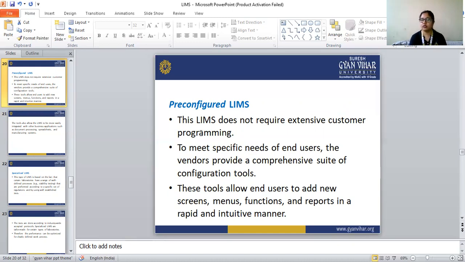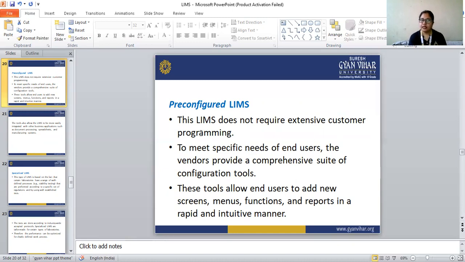To meet specific needs of end users, the vendor provides a comprehensive suite of configuration tools. These tools allow end users to add new screens, menus, functions, and reports in a rapid and intuitive manner.